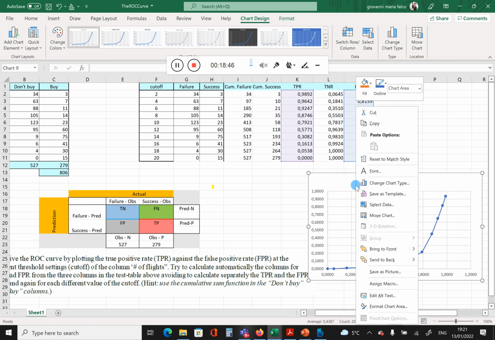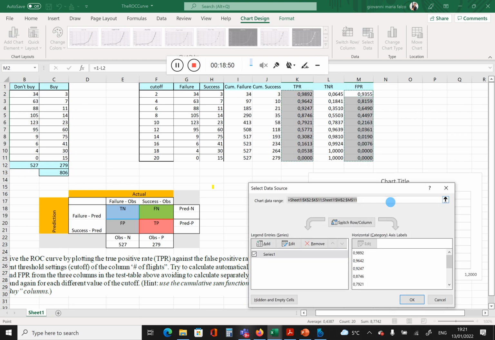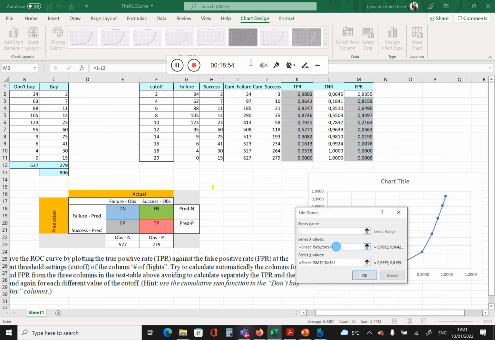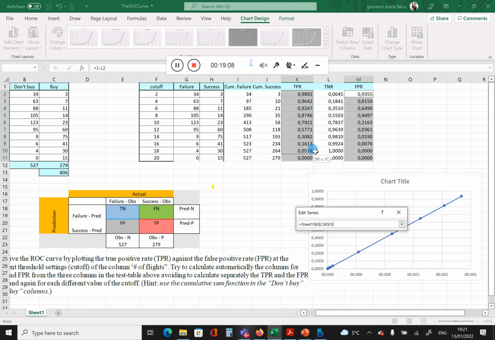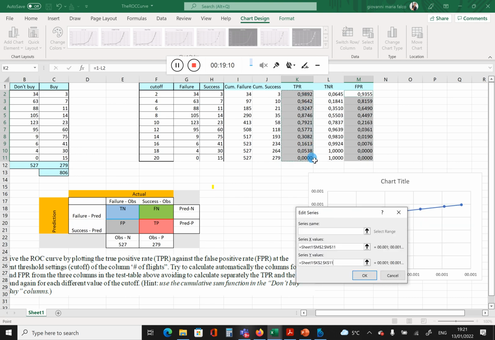There are many ways: select data, then edit, and change the x values to the false positive rate column, and for the y values take the true positive rate column.